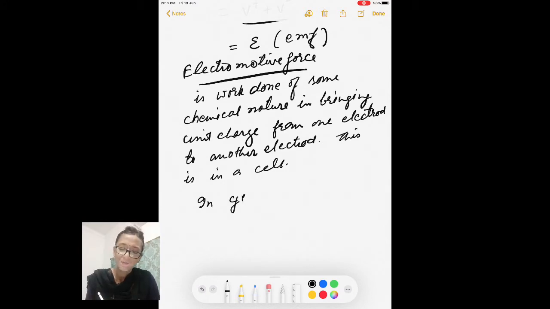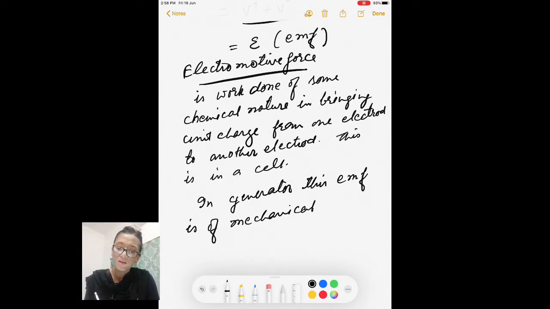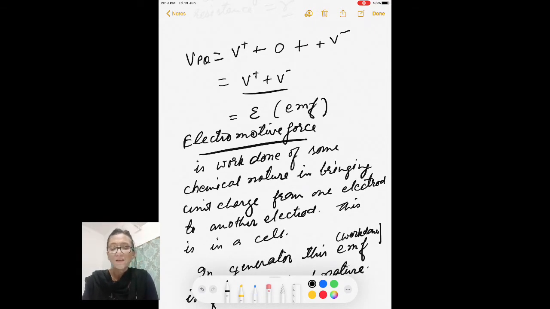In a generator, this EMF is of a mechanical nature, which means this work done is of mechanical nature. Let me write here work done. Okay, so what is EMF?